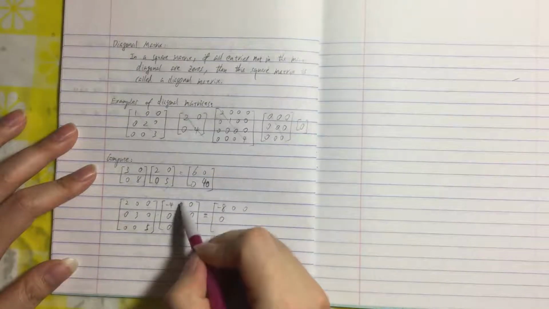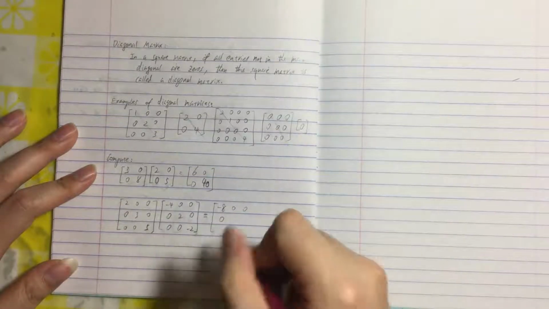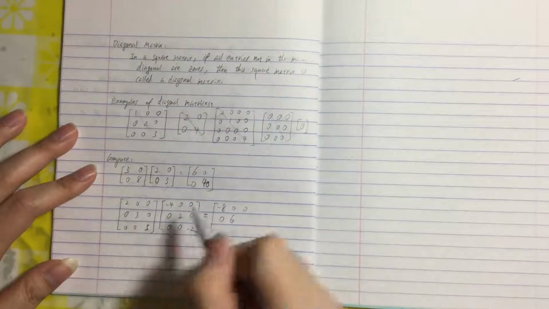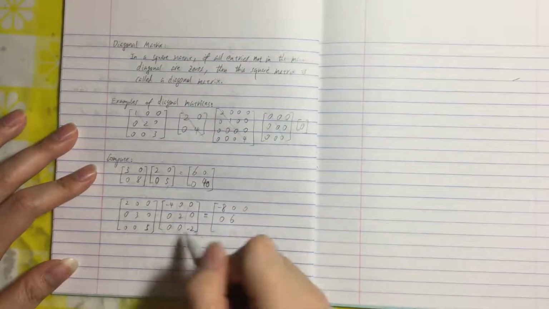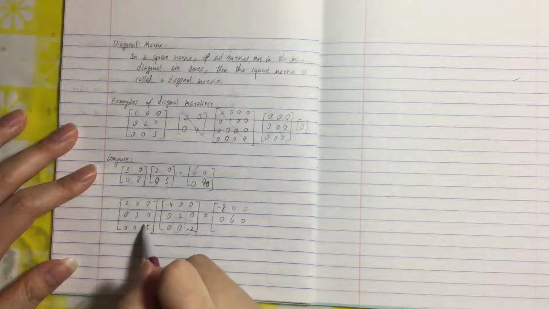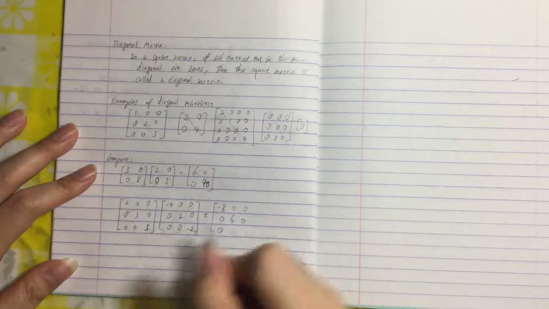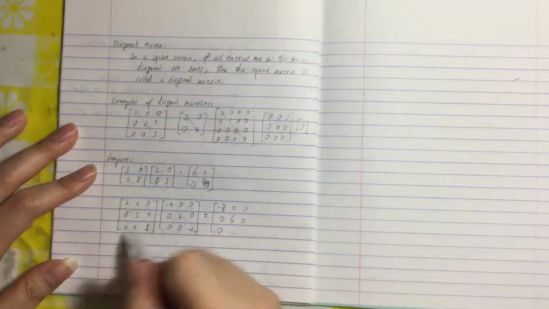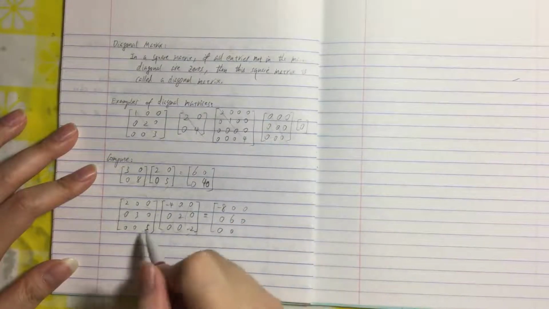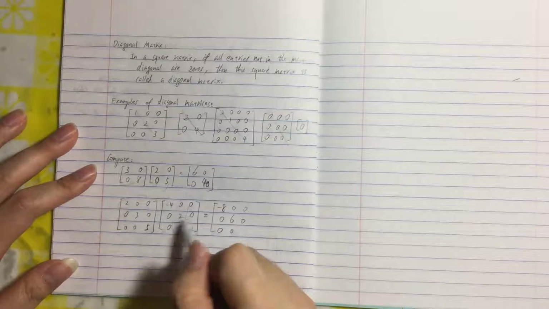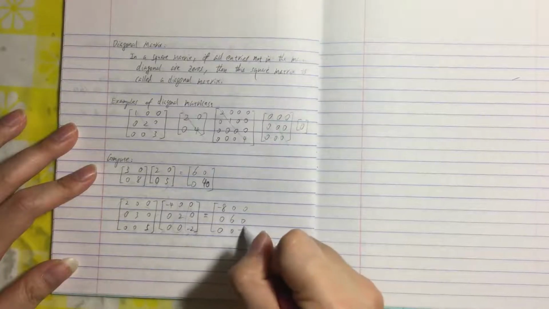Second row times second column, I get 6. Second row times third column, 0. Third row times first column, 0. Third row times second column, 0. Third row times third column, I get -10.